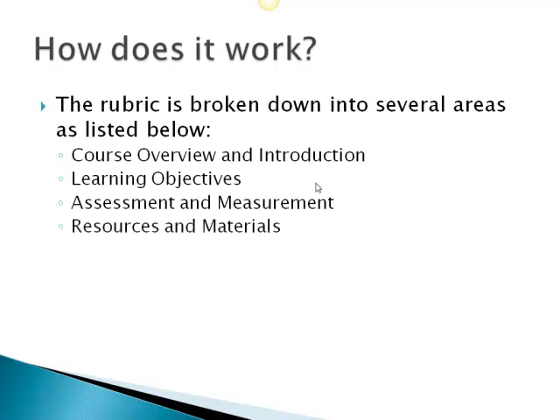What resources and materials are available to the students in terms of how they're able to access content in the course. Is there evidence of learner engagement? So are the activities and methods used designed to really get students involved, or is it just kind of bland and boring?